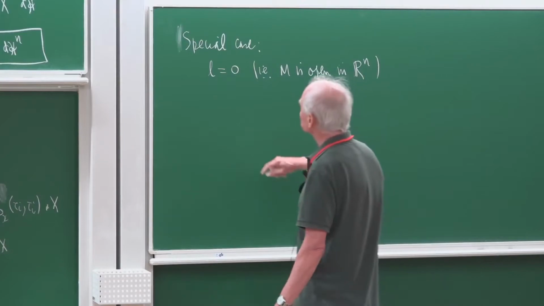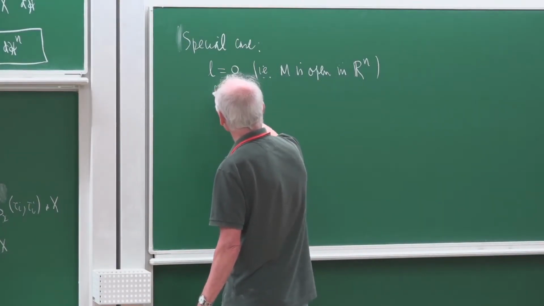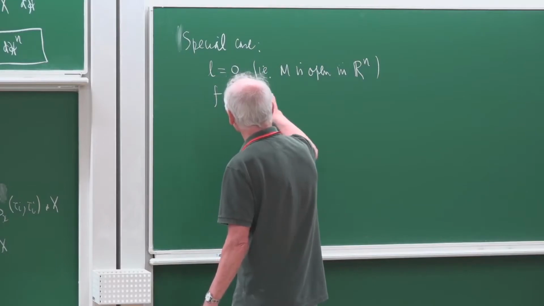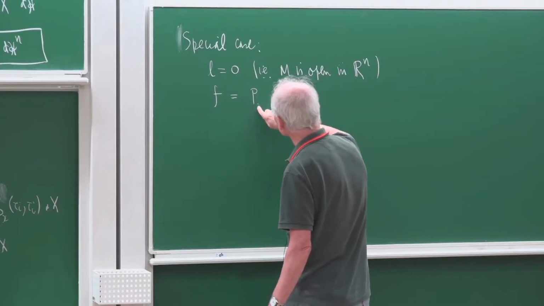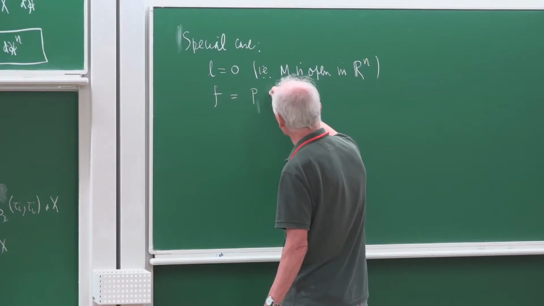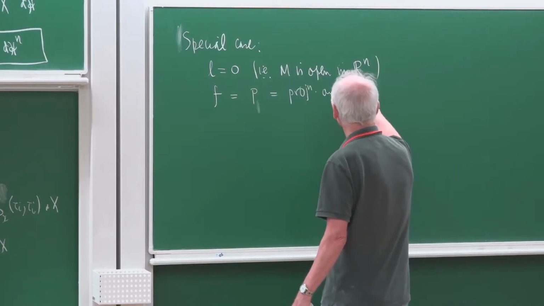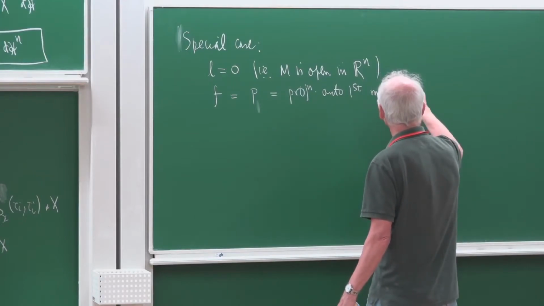And let's take a very special choice of f. Let's just take f to be the projection P onto R^m, projection onto the first m coordinates.